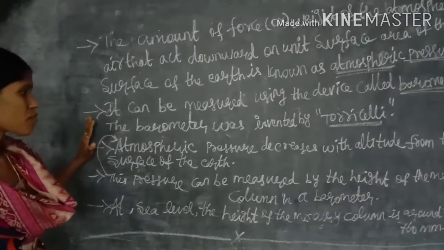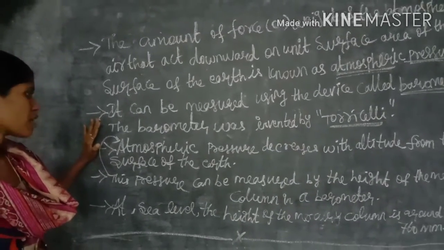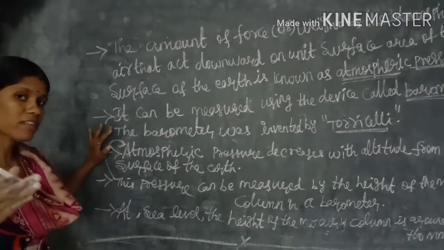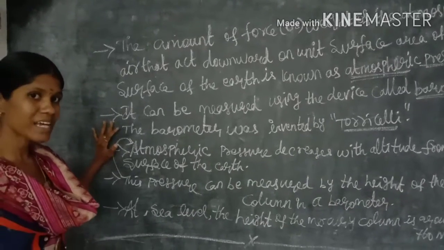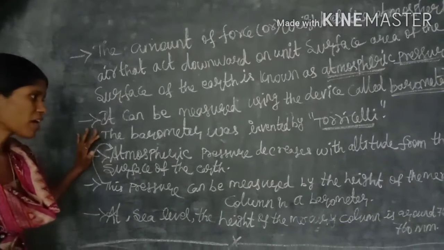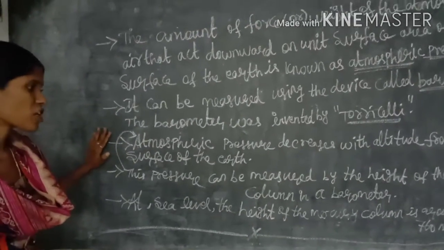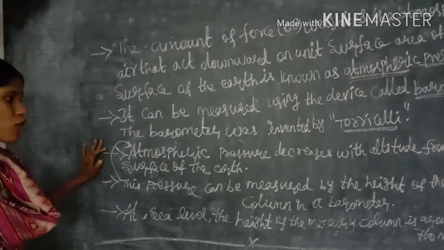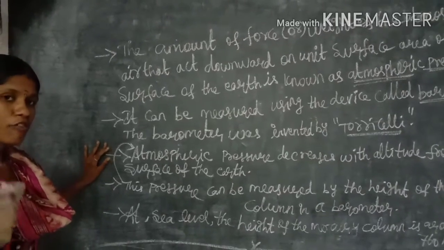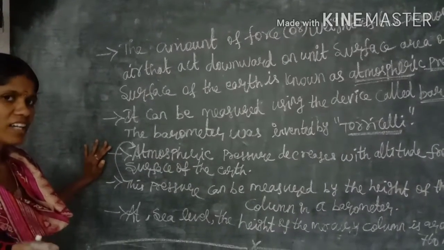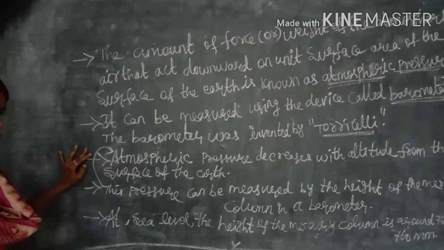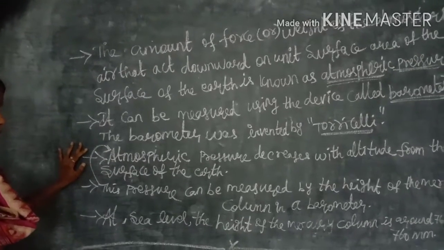Atmospheric pressure decreases with altitude from the surface of the earth. Whether we go above or below the earth's surface, the atmospheric pressure decreases. It can be measured by the height of the mercury column in the barometer, which is filled with a liquid called mercury.